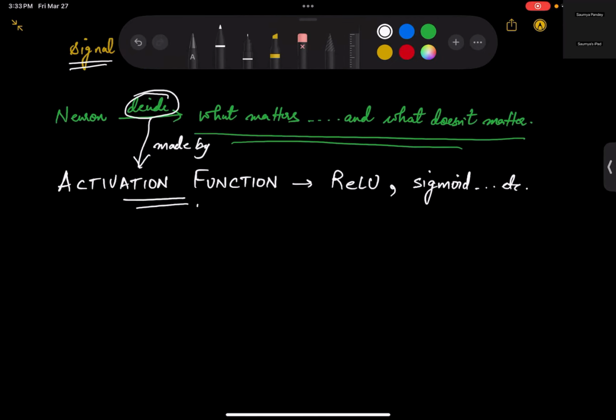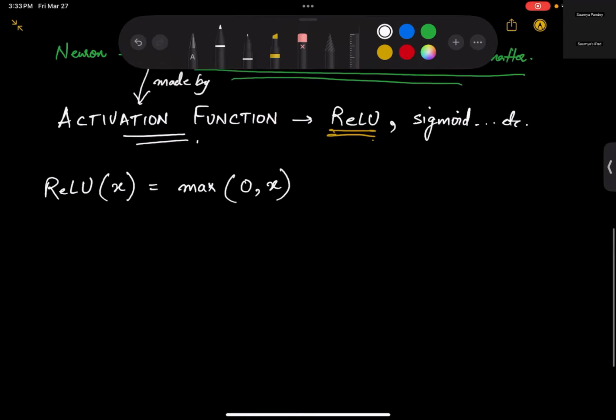So since we are talking about ReLU, let's go to ReLU. ReLU of x is maximum of 0 or x. So let's try to visualize ReLU function, shall we?